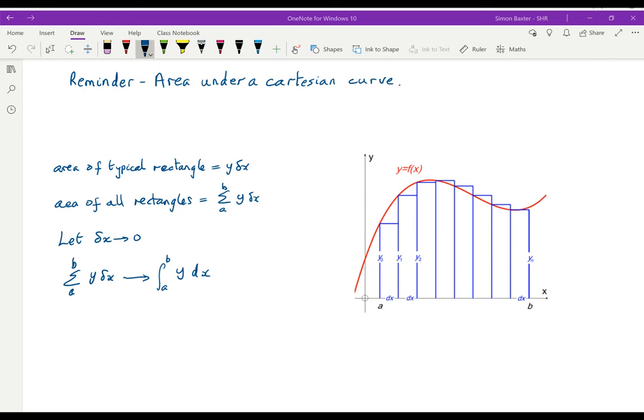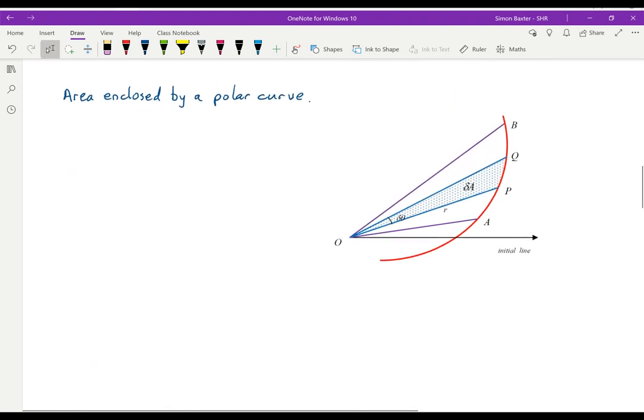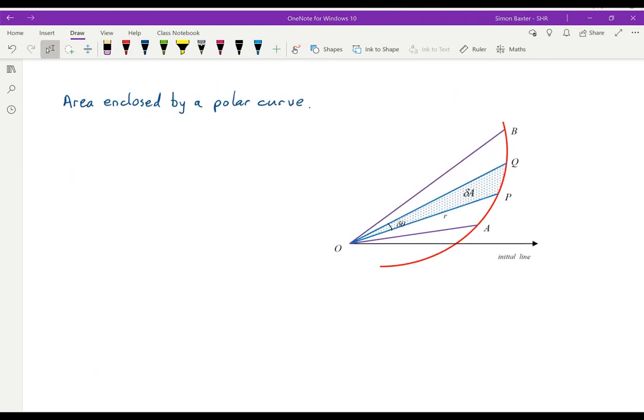Well, let's take this idea on to polar curves. When we look at the area enclosed by a polar curve, if we think of moving along the curve from A to B, as we move from A to B, so we are sweeping out the area of this sort of sector OAB.